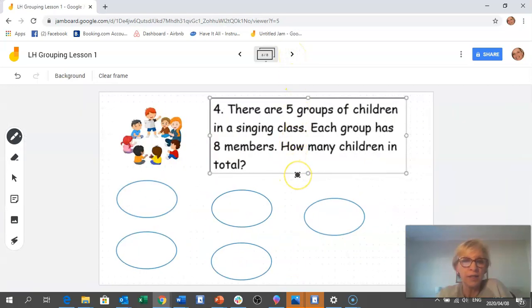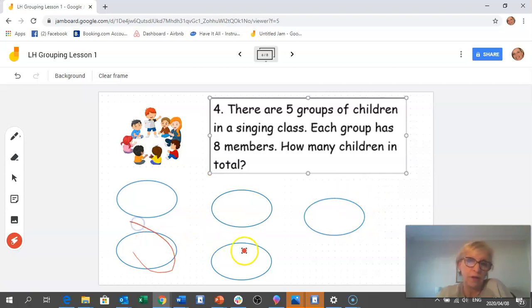And our last example of grouping is this one, where there are 5 groups of children in a singing class. Each group has 8 members. How many children in total? So I'm going to use these little circles here as the group.